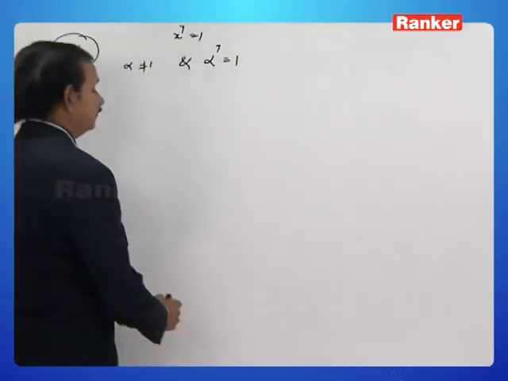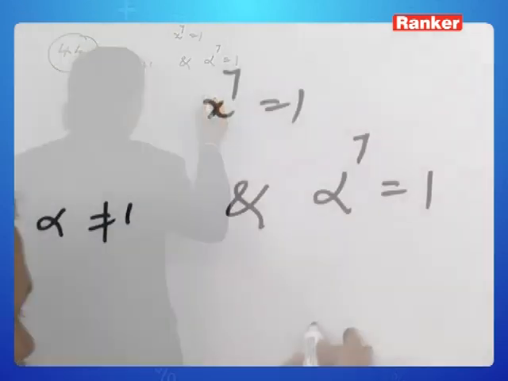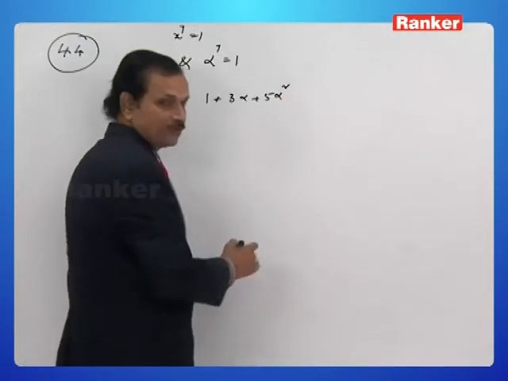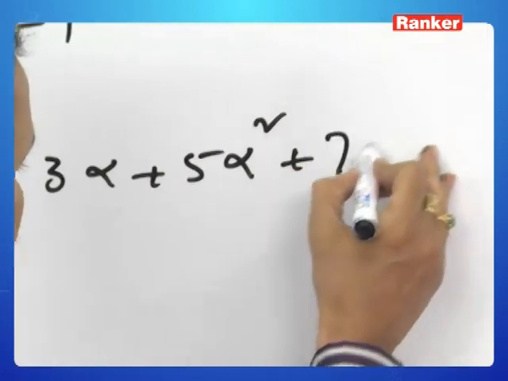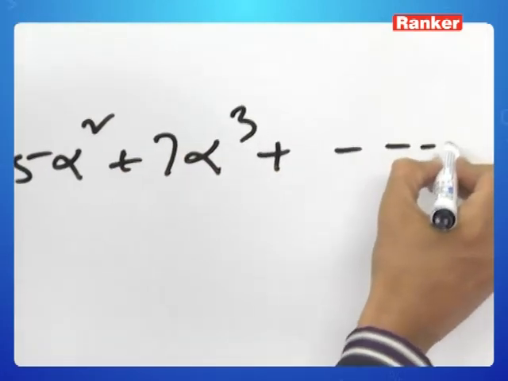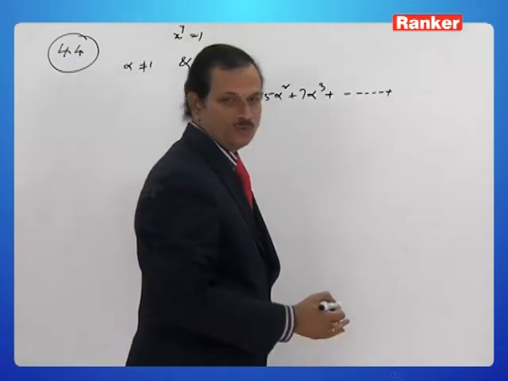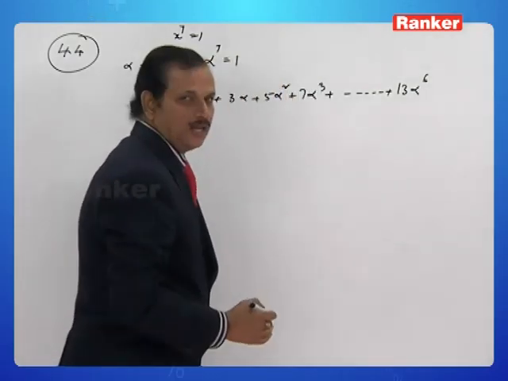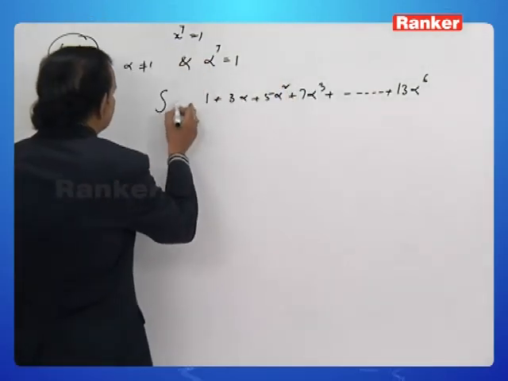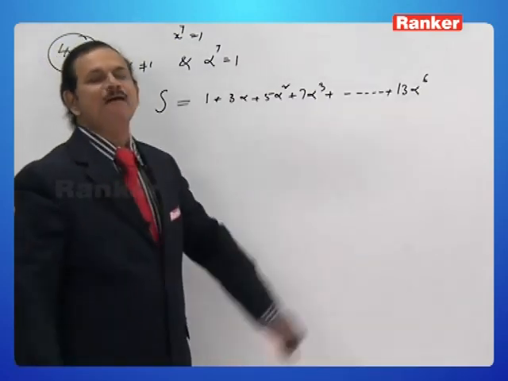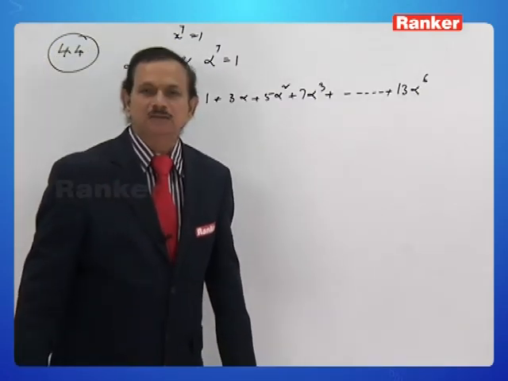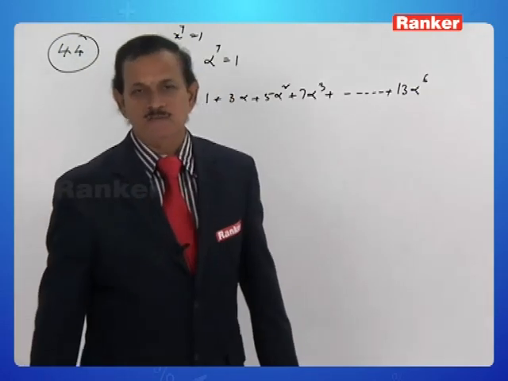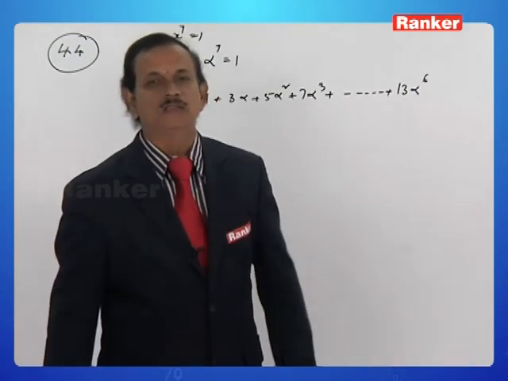Moreover, what is required actually? 1 plus 3 alpha plus 5 alpha square plus 7 alpha cube plus 9 alpha power 4 and so on, up to 13 alpha power 6, he is asking us. Let me name this big sum, say sum capital S. We are to know the value of this sum.